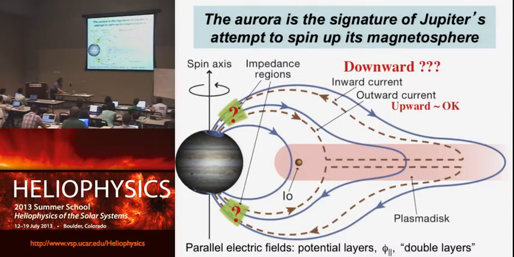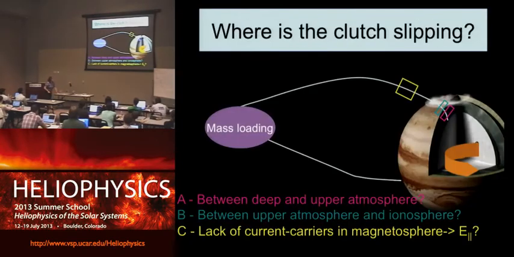Now, there's a complexity here because the main auroral oval shows that these currents are struggling to make the plasma keep rotating. And indeed, the signature of the aurora is where the clutch begins to slip, where the planet is no longer able to enforce rotation.